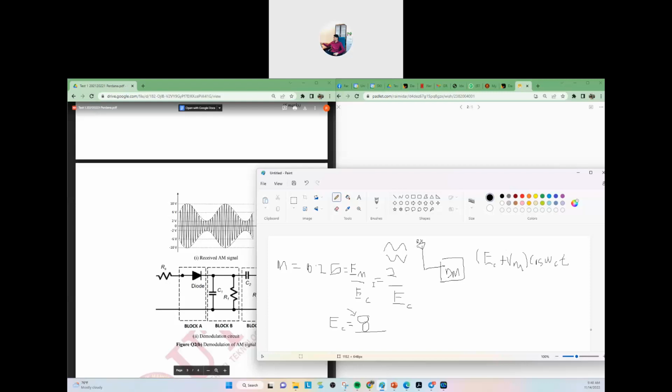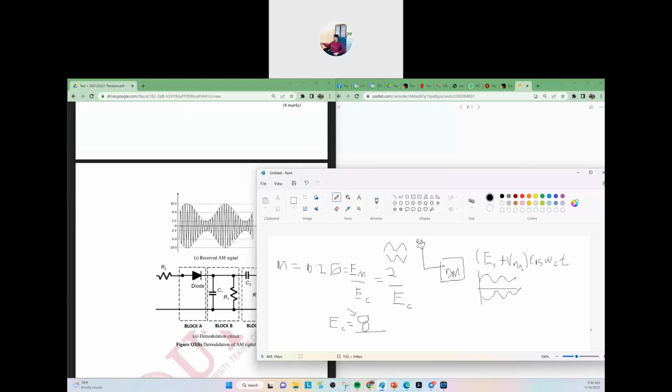After that, the signal passes through the diode, which means it is rectified. The original is like this, full AM. When it passes through the rectifier, we only have the first positive cycle.